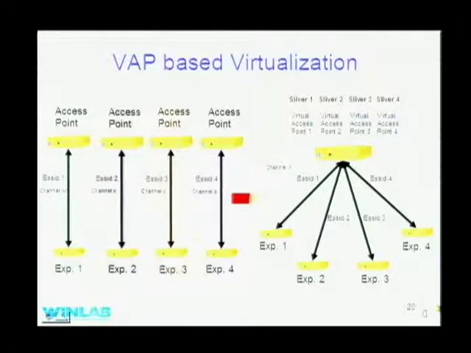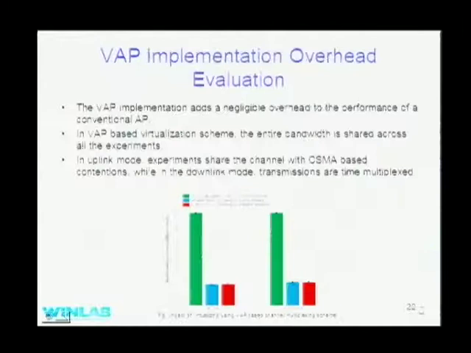And we did it for both uplink traffic, that is traffic from client to access point, as well as access point to client. So we found that there is no difference between access point and virtual access point performance. Now moving on to virtualization.